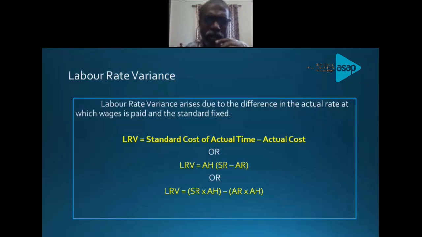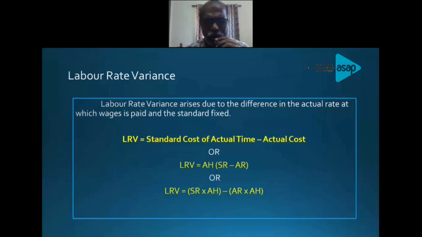This is a simple arithmetical operation. So remember, the second one is the key. You are to learn it by heart. Labor rate variance is actual hours into standard rate minus actual rate. The third one is an arithmetical expansion of the second one.